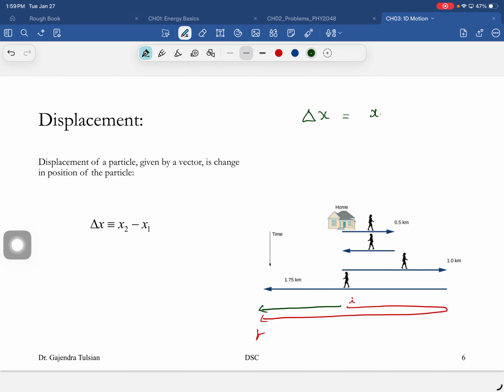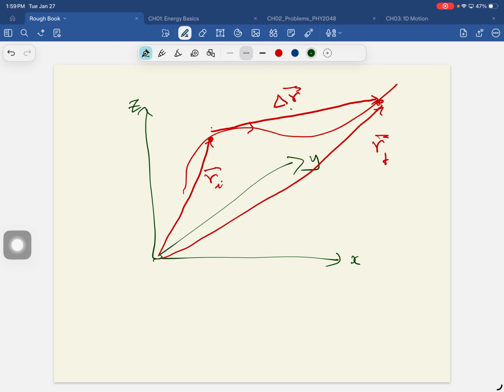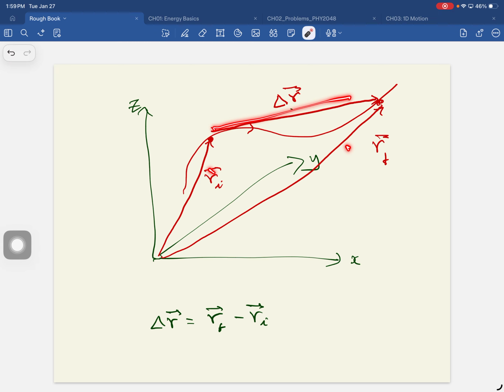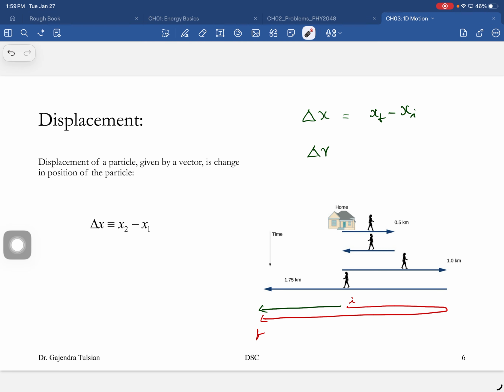So dx by dt: if this is position as a function of time, if you calculate dx by dt, you can draw a tangent line at that point. The slope of the tangent line is your instantaneous velocity. That's what that is.